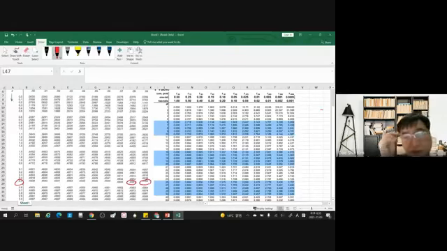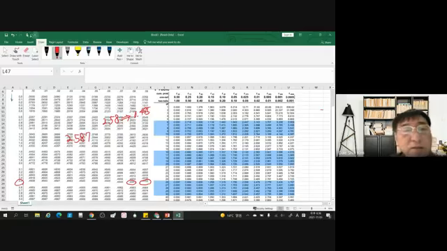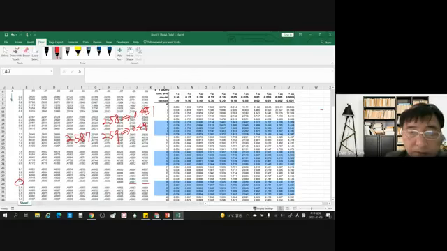Between these two numbers, 2.587, but 2.58 is 0.4951. 2.59 is 0.4952.